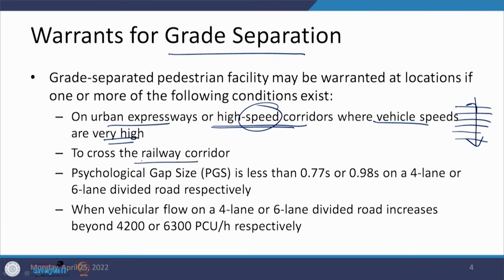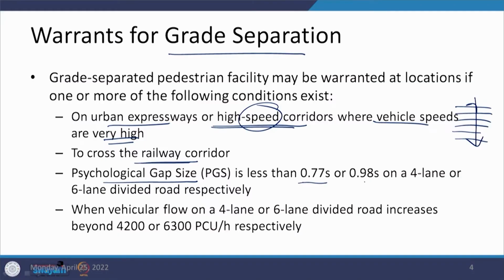If you have a railway line, then in that case the railway overbridge needs to be there. So, that is another thing being talked about. It again speaks in the form of the psychological gap size, and it says that if the psychological gap size is less than 0.77 seconds or 0.98 seconds for a 4 lane or 6 lane divided system respectively, then again we should go for a grade separation.